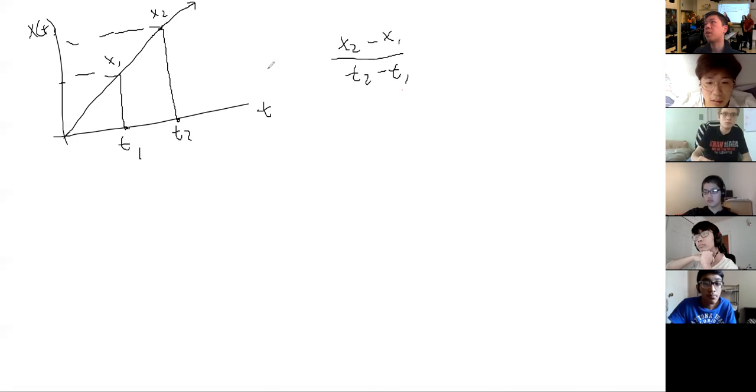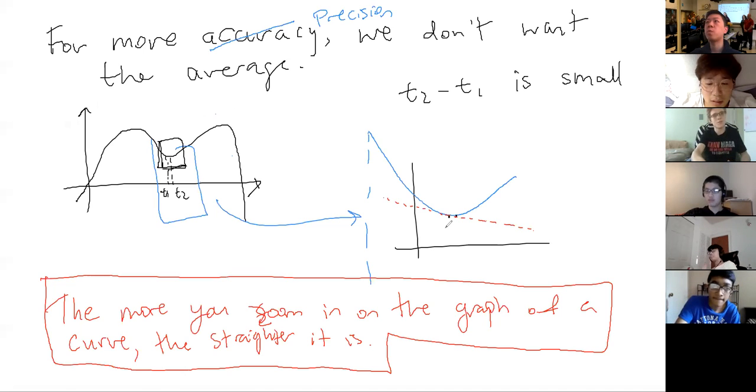It's just a line, so it's pretty simple. But if we go back to our curve, we can't have a line approximate the graph really well.